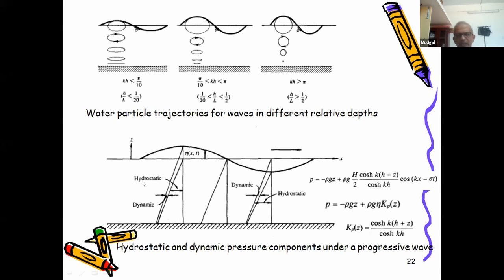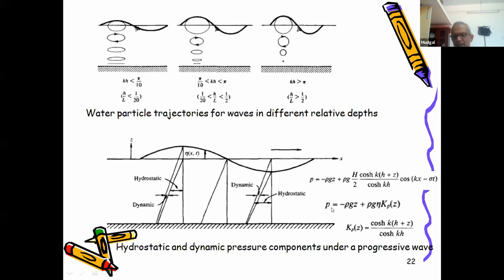And the other thing is that you have the hydrostatic and dynamic pressure components under the progressive wave. So obviously you make use of Bernoulli's equation and try to find out the pressure distribution. Then you will see that the pressure is equal to minus rho g z plus rho g H by 2 cos of k(h plus z) divided by cos of kh, into cos(kx minus sigma t).